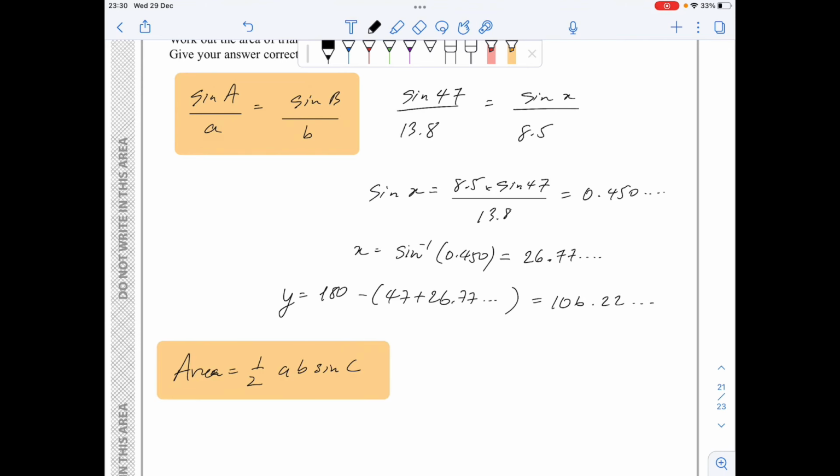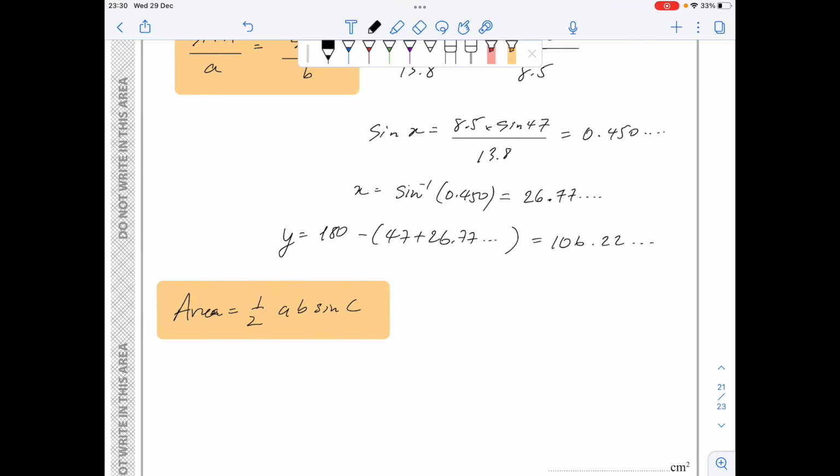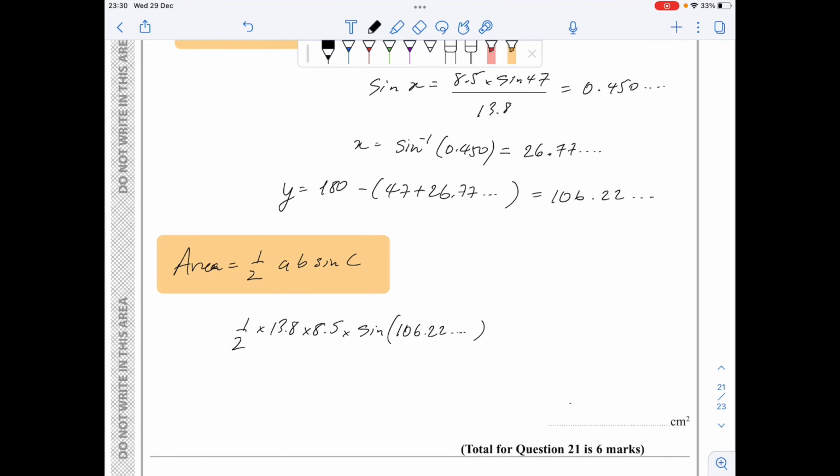Note again that instead of A and B, I have N and L, and instead of angle C, I have angle M. So this will be 1 over 2 times 13.8 times 8.5 times sine of the angle I found above. And when you put this on the calculator, the answer comes out to be 56.3 cm squared. Note that whenever I was finding an answer, I was using all digits in the next step to have a more accurate result.